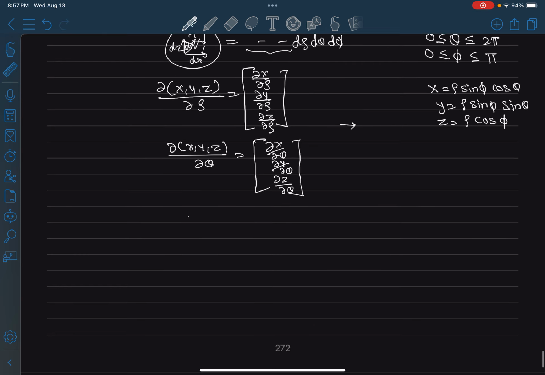And then you can try to find out how these x, y, z coordinates change with respect to phi: dx by d phi, dy by d phi, dz by d phi, right?